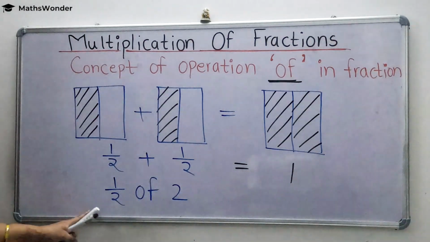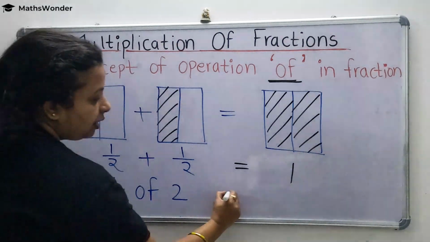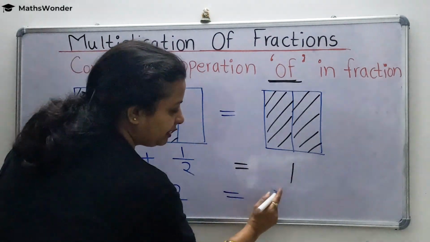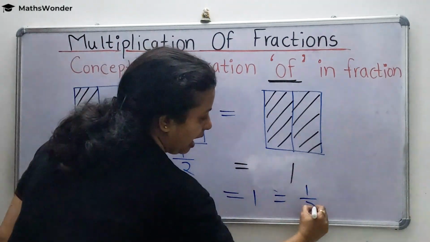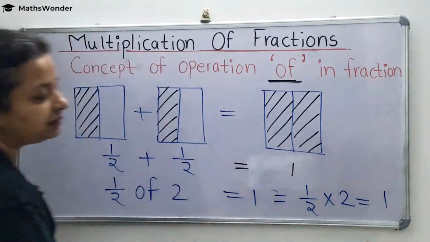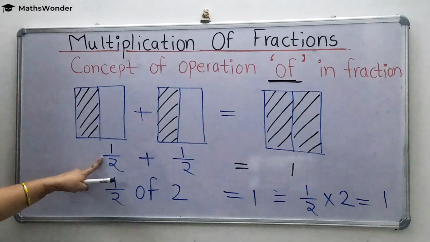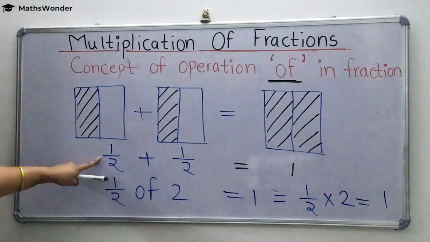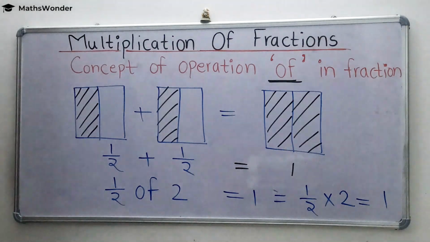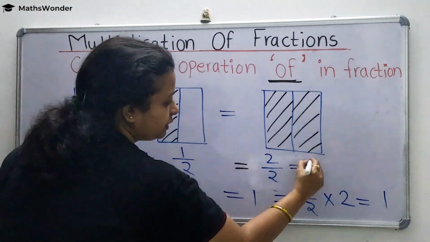If it's written half of 2, it means 1. So basically there are 3 variations now. If the half shaded parts, you can write half plus half, you will get 2 over 2, which is 1 in the precise way.